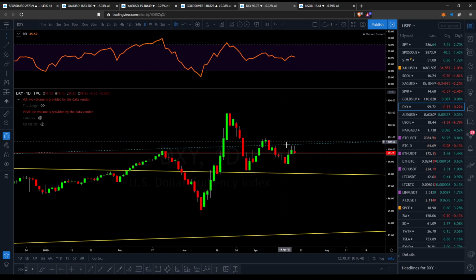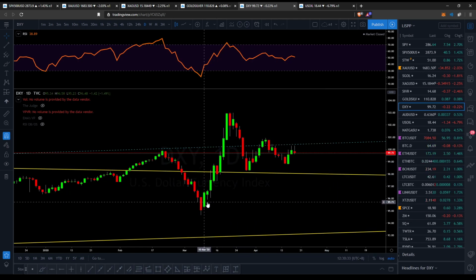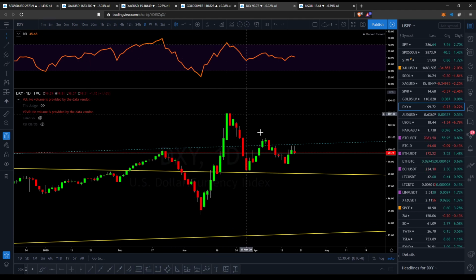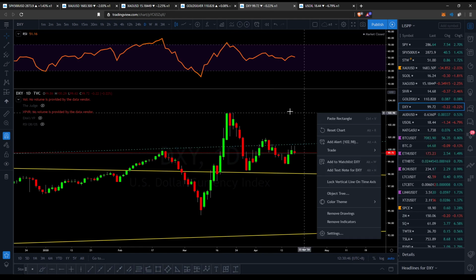But right now we don't see that yet, so we're just gonna see how things develop. But gold and the dollar are good investments to hold right now.